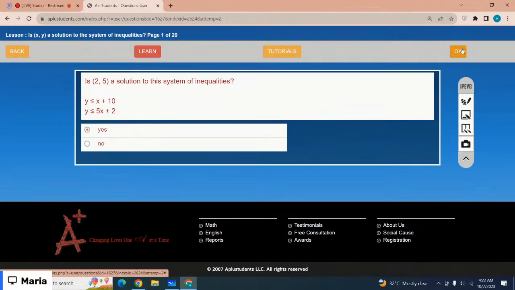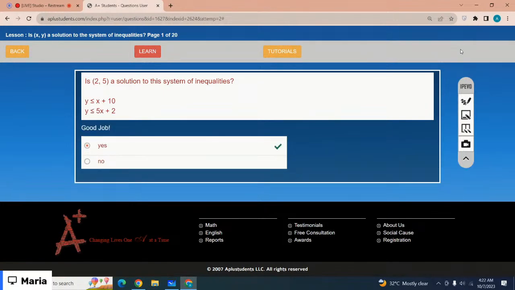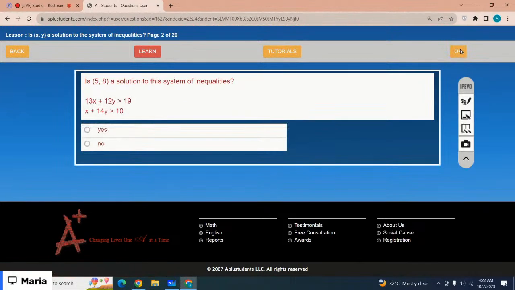Okay, the next one is (5, 8) a solution of the system of inequalities? So which is the correct option?